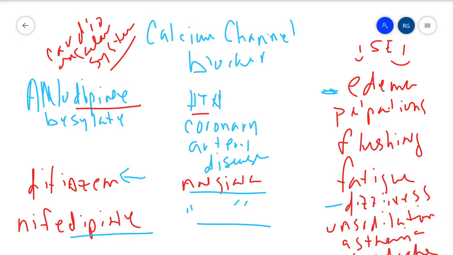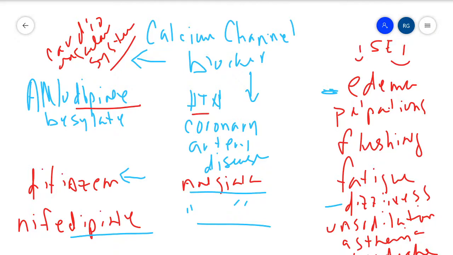I already think calcium channel blocker, think cardiovascular. Also think hypertension, coronary artery disease, angina. And there are certain side effects: edema, flushing, dizziness, vasodilation, palpitations.